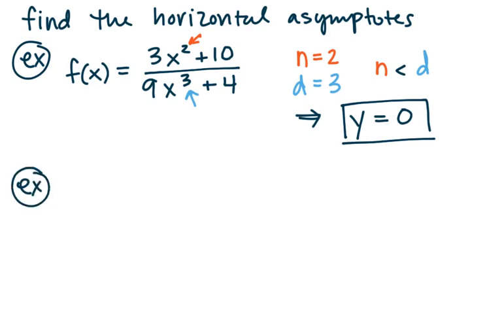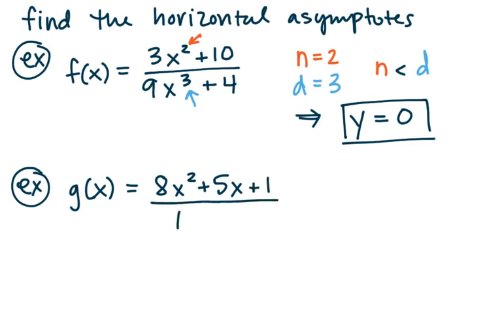So let's look at another similar example. g of x equals 8x squared plus 5x plus 1 over 10 minus x squared plus x cubed. Again, we look at the leading term in the numerator over the leading term in the denominator.